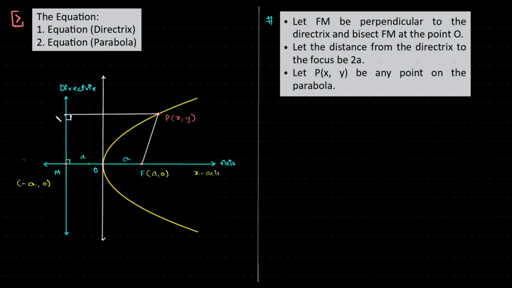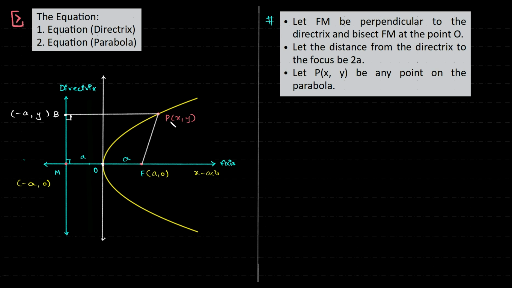Let me call this point B. Now, can you tell me the coordinates of point B? Think of it. Let's do it step by step. How much is it to the left? From the origin it's a units to the left, so it has to be minus a, comma. How high is it? It is y.